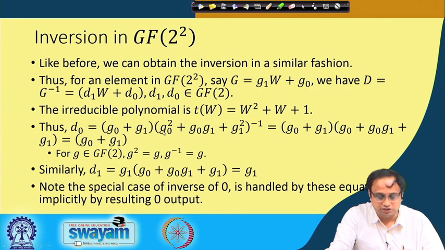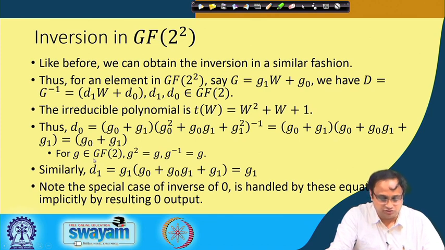But note that this element is now a GF(2) element, which means either it is 0 or 1; the inverse of 1 is 1 and the inverse of 0 we define as 0. With that definition, I can neglect this power of minus 1 and rather calculate this as G0 plus G1 into (G0 plus G0 G1 plus G1), and this turns out to be G0 plus G1.